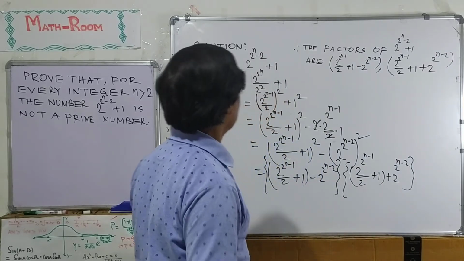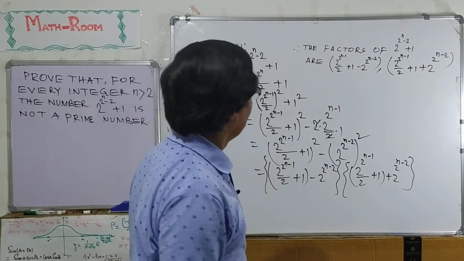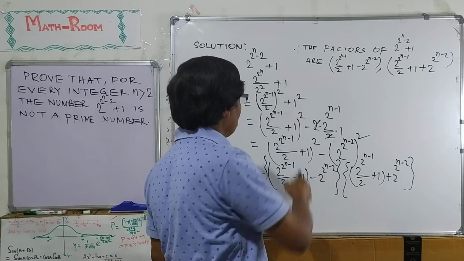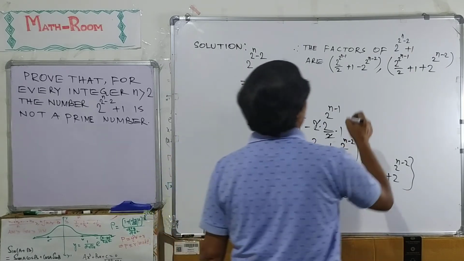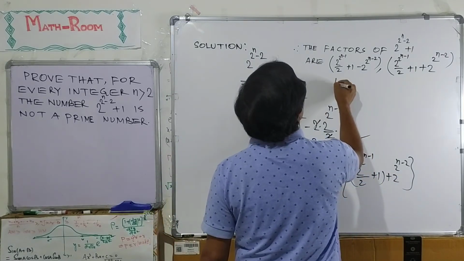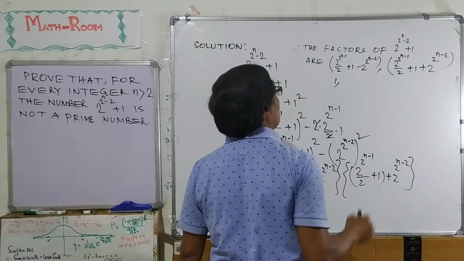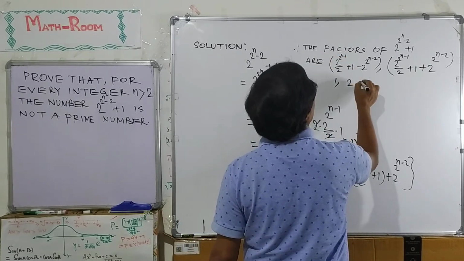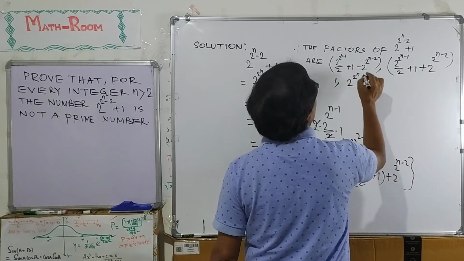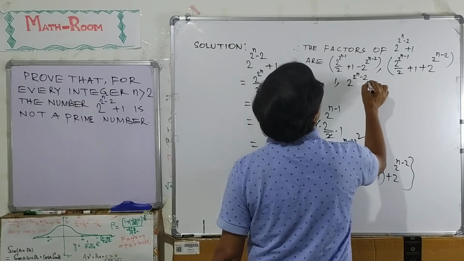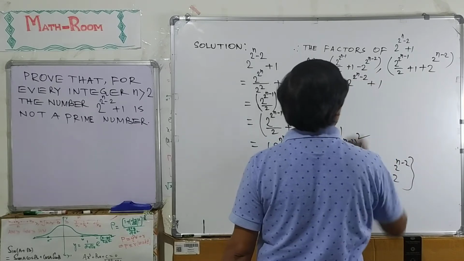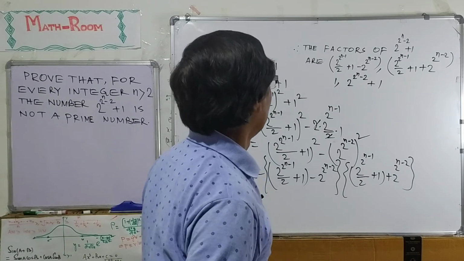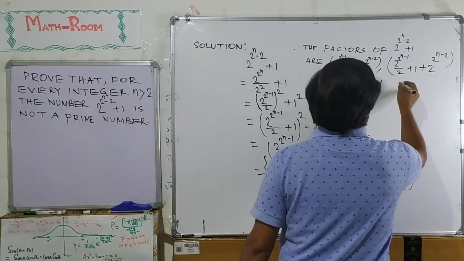These two factors we have already got, and the other two factors are 1 and the number itself, that is 2 to the power n minus 2 plus 1.